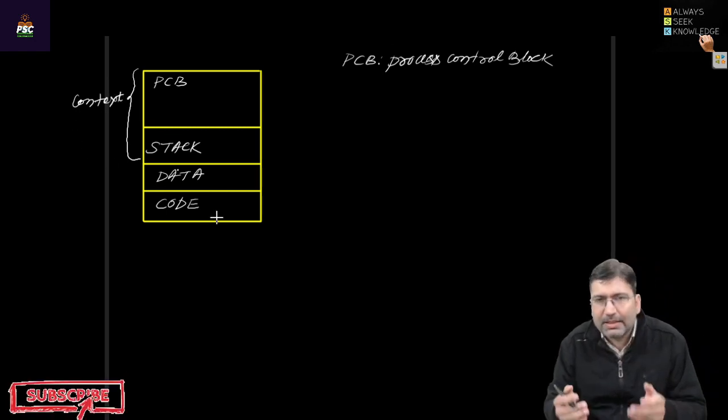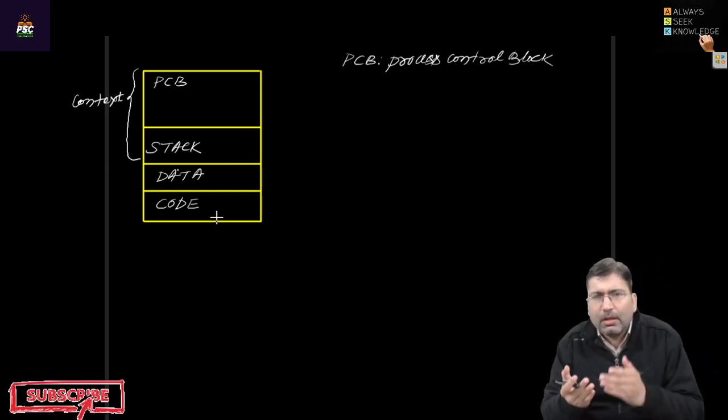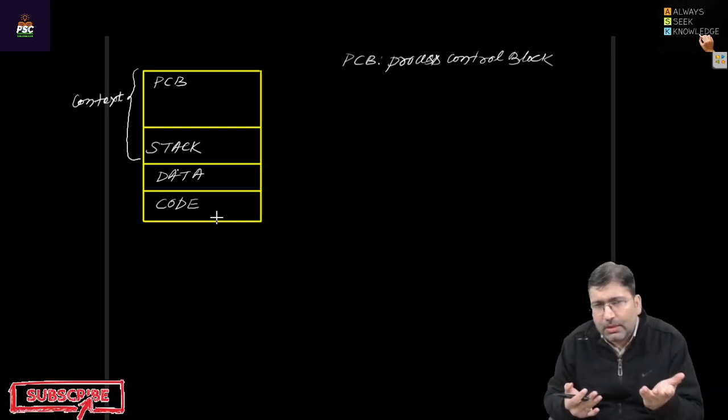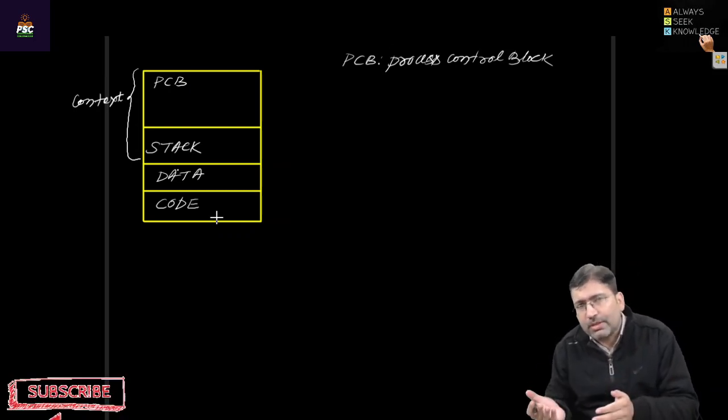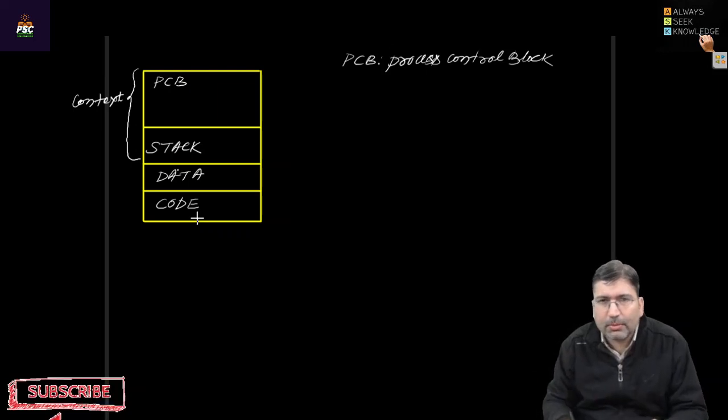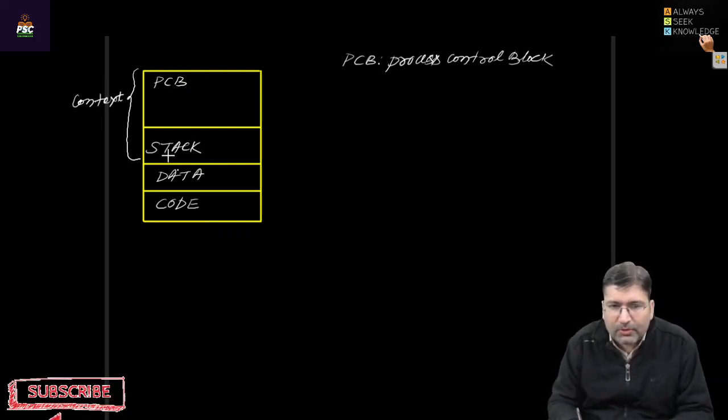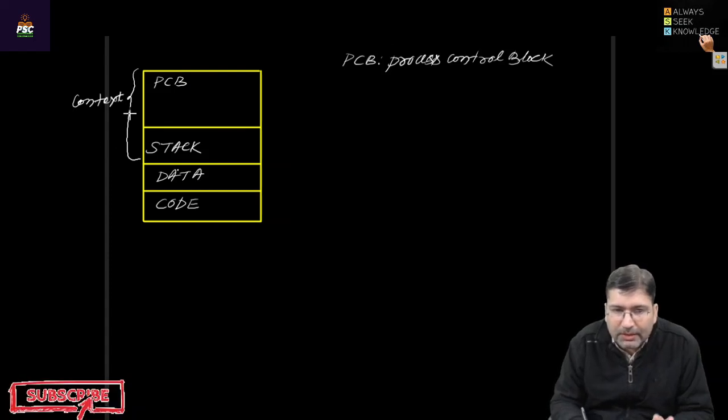Context means exactly what has happened, how many instructions have been executed, what was the last executed instruction, in case context switching happens, and a number of other things. So with the help of the stack and PCB, the context of the process can be preserved, right? So this we consider as the context.